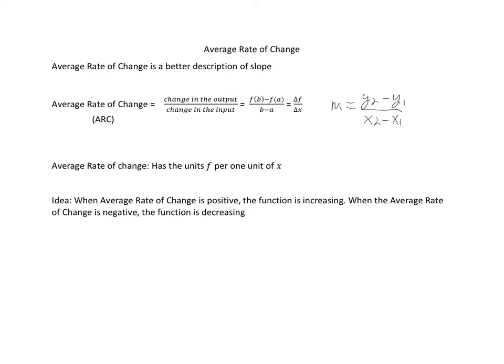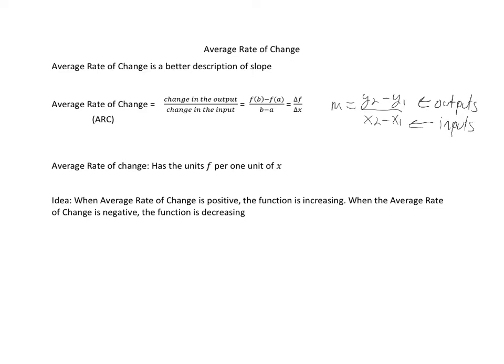And what that's really showing is the change in the outputs. Y2 and y1, those are outputs. X2 and x1, those are inputs. So essentially when you're calculating slope, that's what you're finding. Change in outputs over change in inputs.